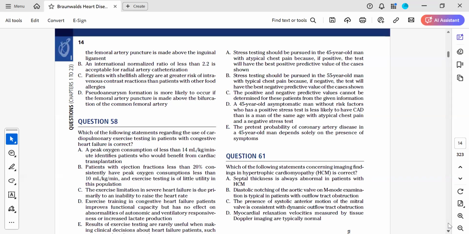Then it can also be used for cardiac interventions like coronary angioplasty and stent placements, repair of congenital heart defects, and pacemaker and defibrillator implantation. In preparing a patient for the procedure, you take a detailed medical history and physical examination.